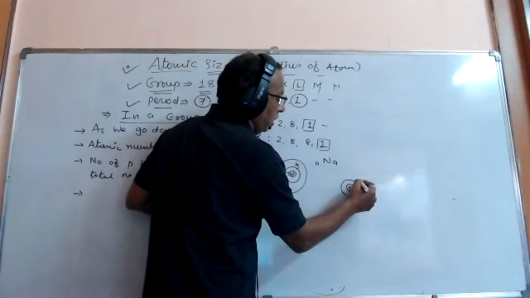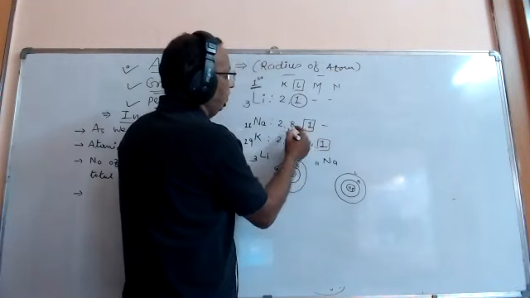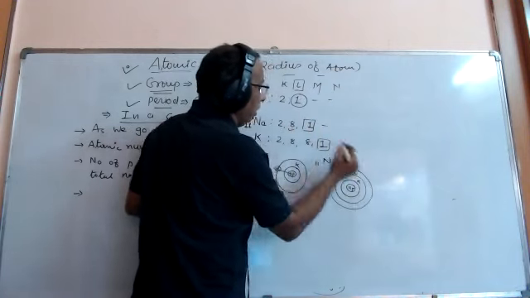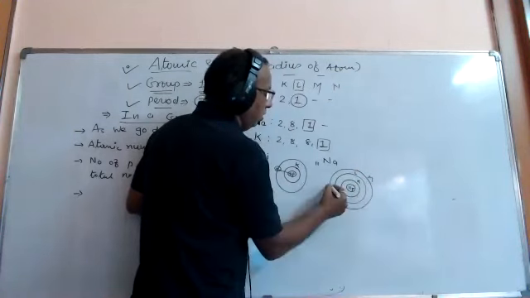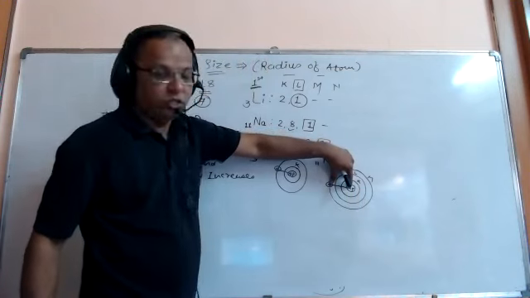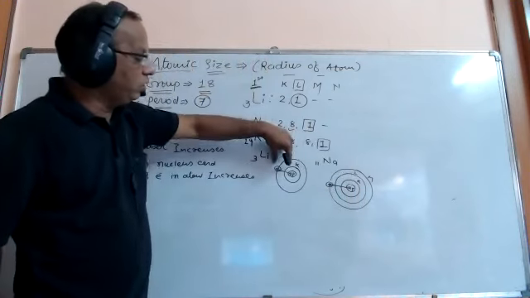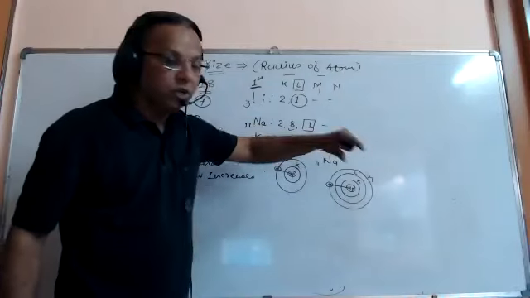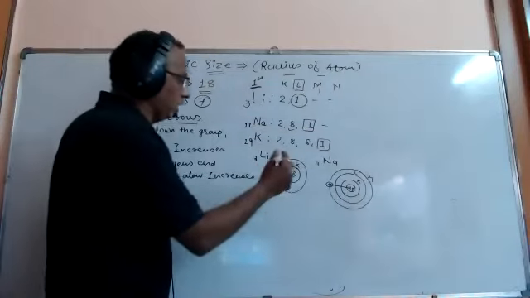This is the K shell having 2 electrons. This is the L shell having 8 electrons. And then after, the last shell is the M shell with 1 electron. So this is said to be the radius of sodium. You can see a simple thing: from lithium to sodium, the atomic size increases.